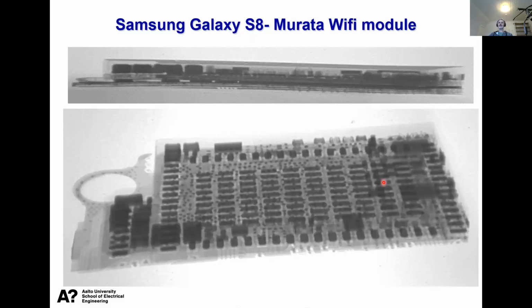Because after you have overmolded and manufactured this package, it's practically impossible to replace anything. So all the components really must be tested and screened so that they don't have any hidden defects, latent defects, or these kinds of things.